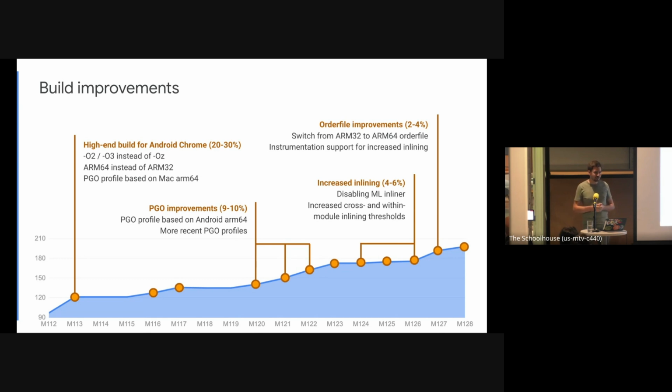It isn't really called that, but it turns out that's what it does. We eventually replaced that inliner with a new model of the ML inliner that only targets cold code. So the cold code inside Chrome's high-end build is still going to be optimized for size, which means that we can reduce memory footprint too, and that actually gives us another little uplift.